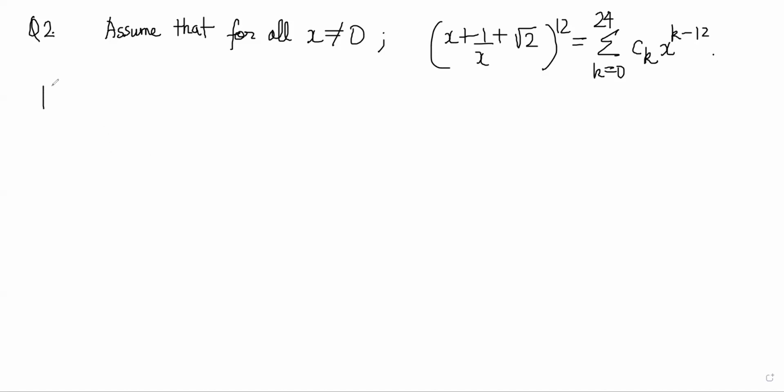Now we have to find the value of summation k goes from 0 to 24 of (minus 1) power k c_k squared.